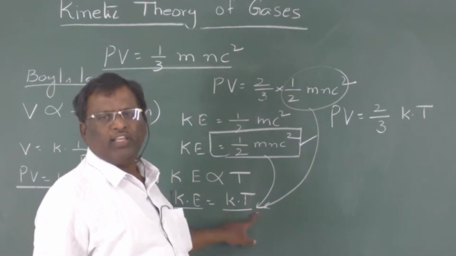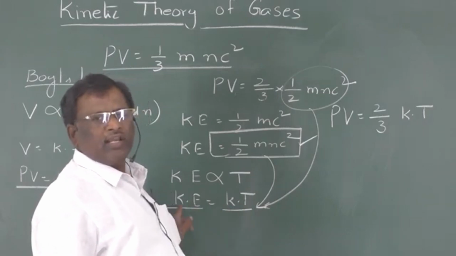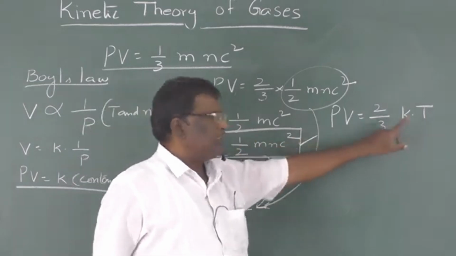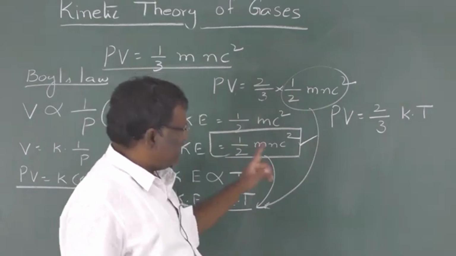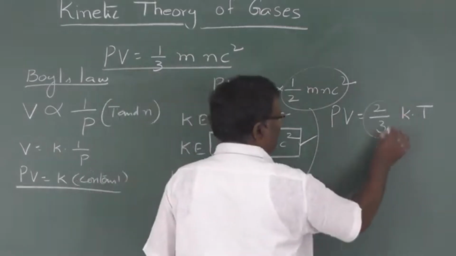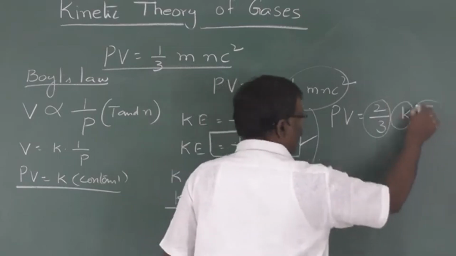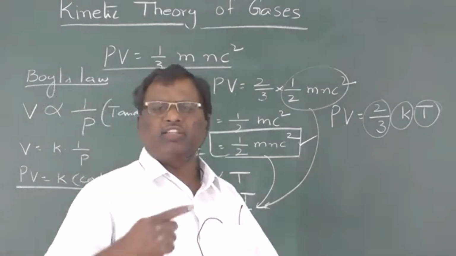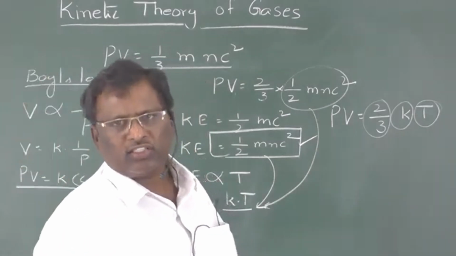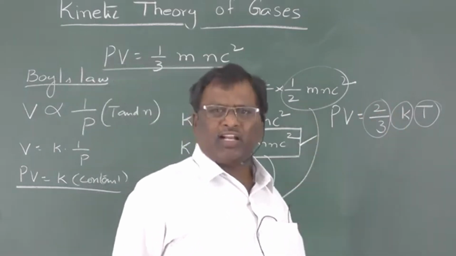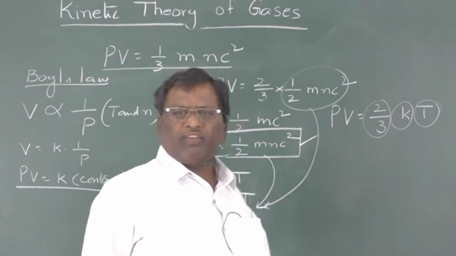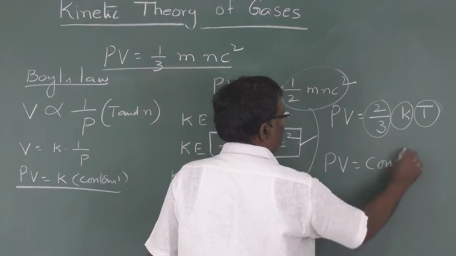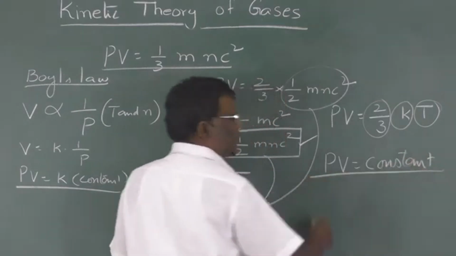That's why PV is equal to 2 by 3 into K into T. Here in this expression, 2 by 3 is a constant, K is a constant, and if temperature T is also constant, multiplying constant terms again gives a constant. So PV is equal to constant.